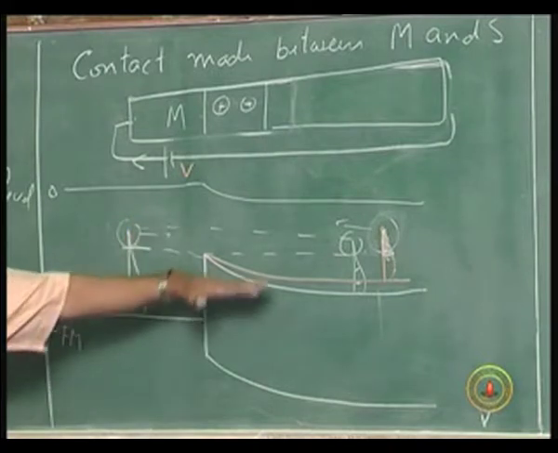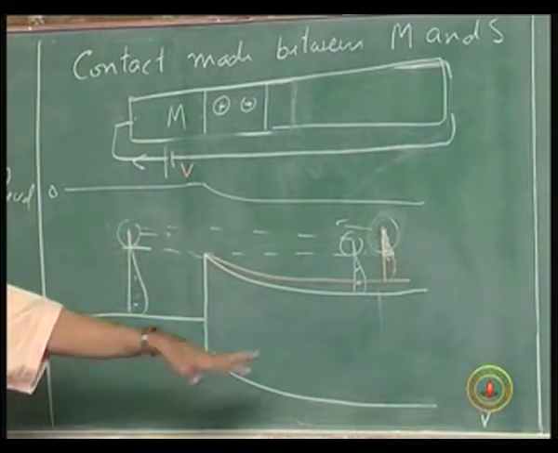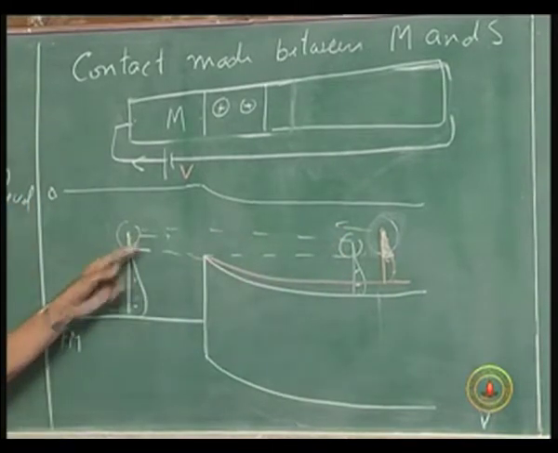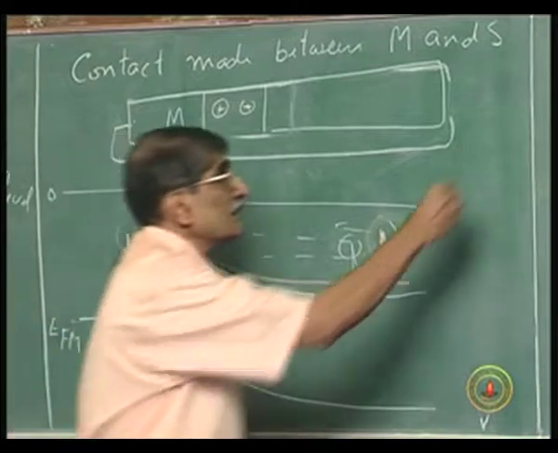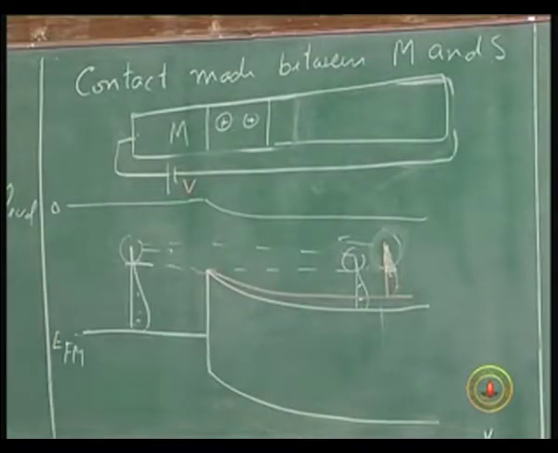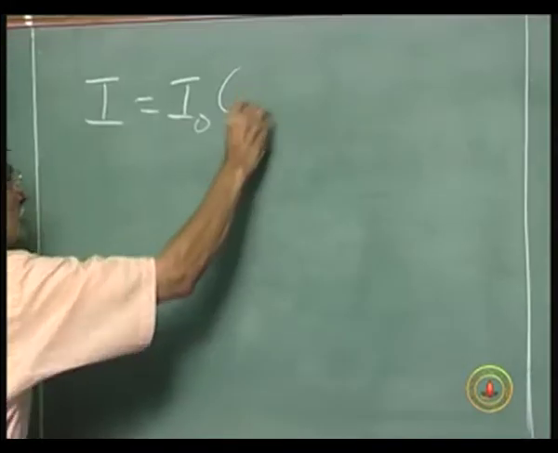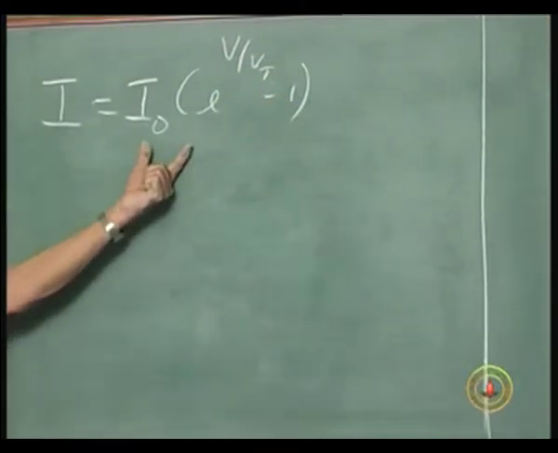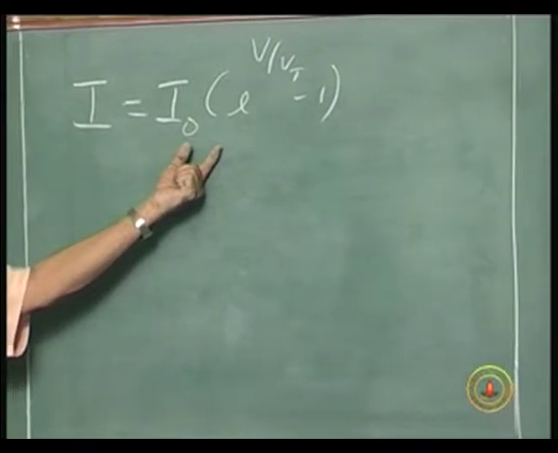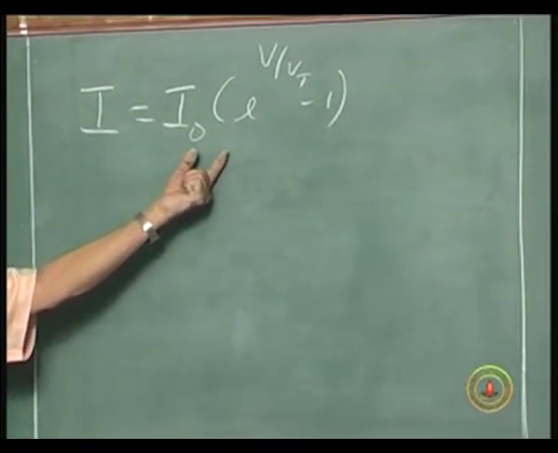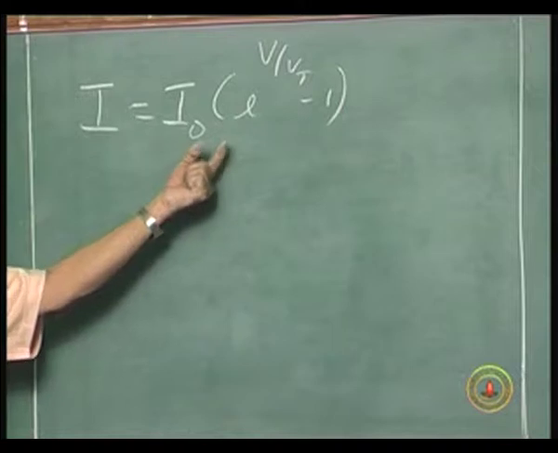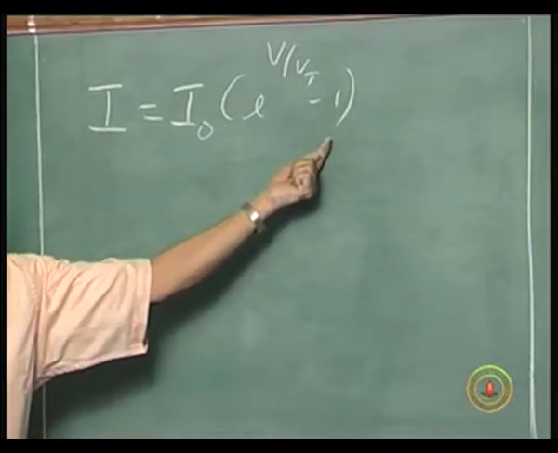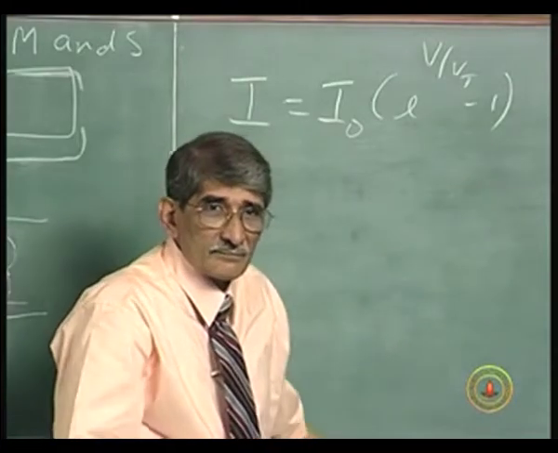So, why those energy band diagrams move up and down, and also how these extra electrons present give rise to current in that direction. Ultimately you have the current I equal to I naught into e to the power of V by V t minus 1, that is due to electrons. The first term is due to the electrons from the semiconductor to the metal, and the second term, with the minus sign, is due to the electrons from the metal to the semiconductor.